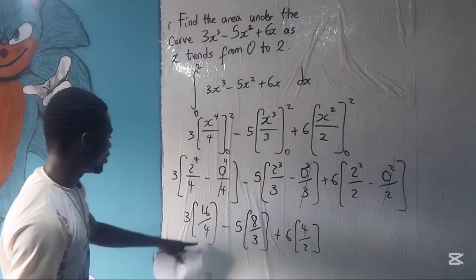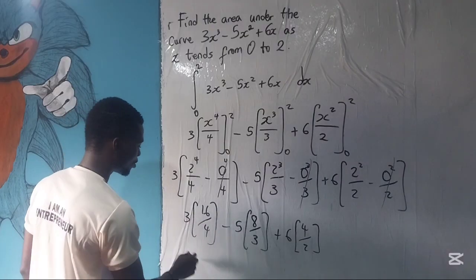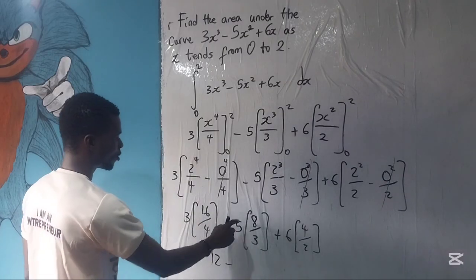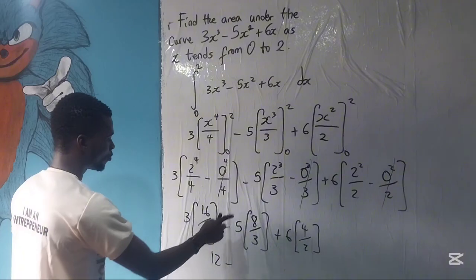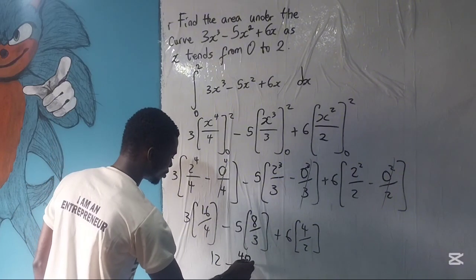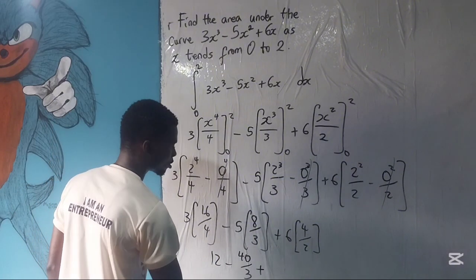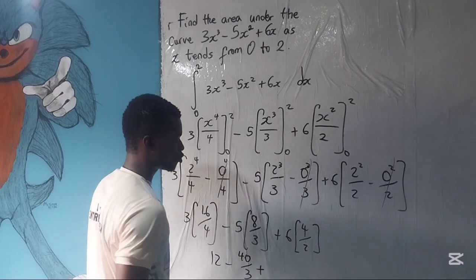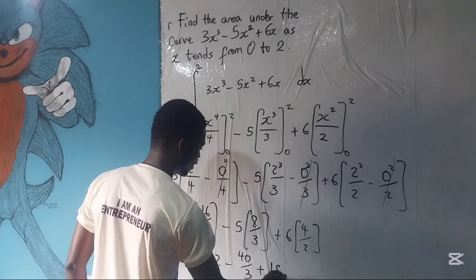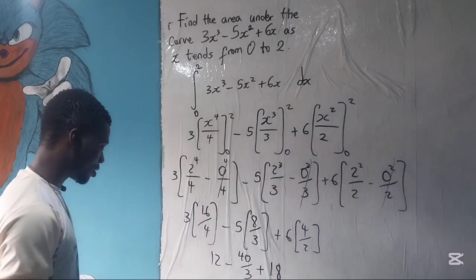Now, let's expand. I'm trying to make it simpler so that we can understand the steps one after the other. Now, 16 divided by 4, that's 4. 4 times 3, that's 12. 12 minus, now this one cannot cut, so 5 times 8, that's 40 divided by 3, plus then 6 times 4 divided by 2, that's 2.